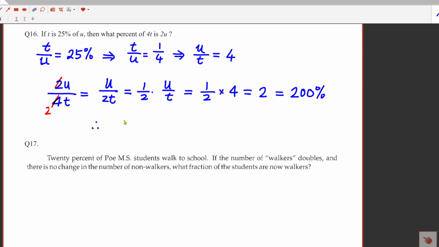Therefore, we can make the conclusion 200% of 4t is 2u. Any questions?